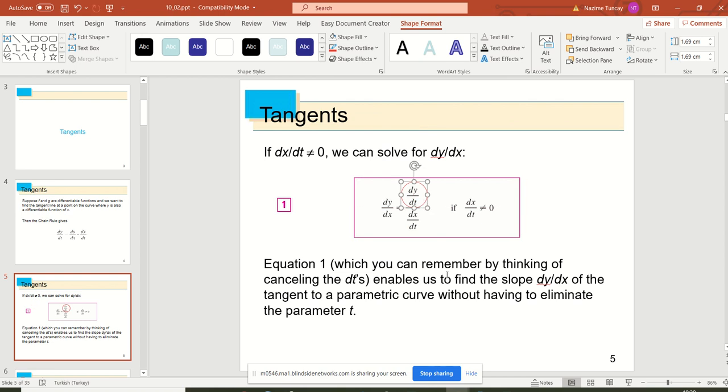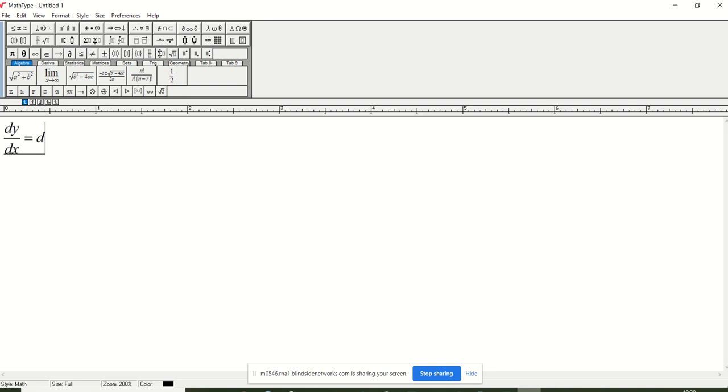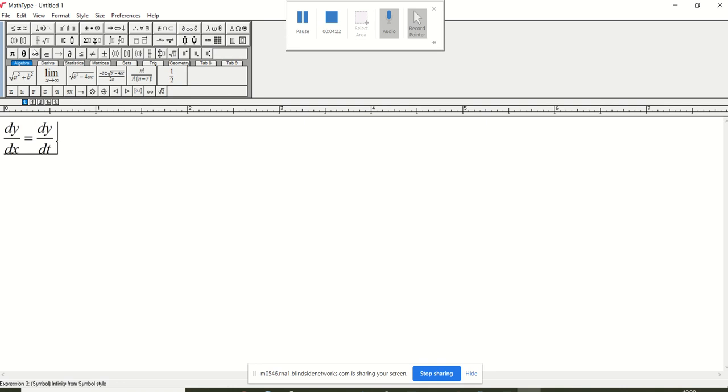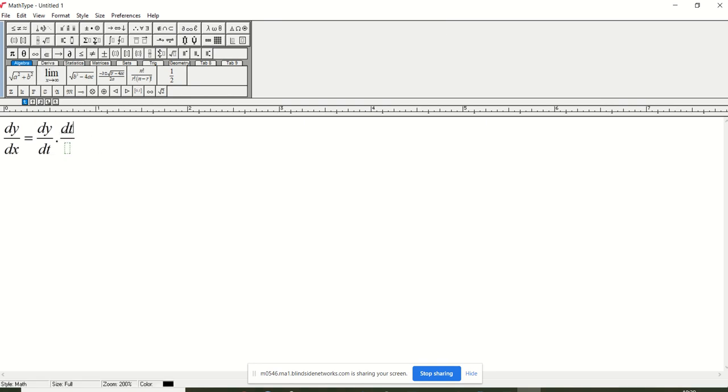So that's what I am going to do. dy over dt, multiplied by, what was it? dt over dx. So this is dt over dx.